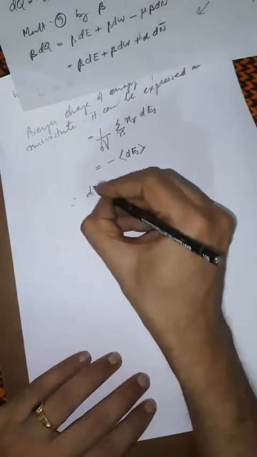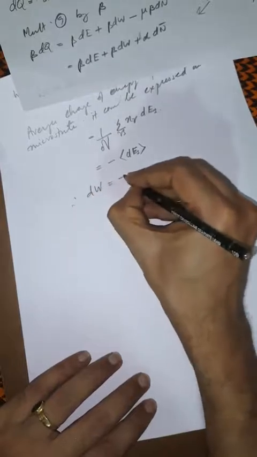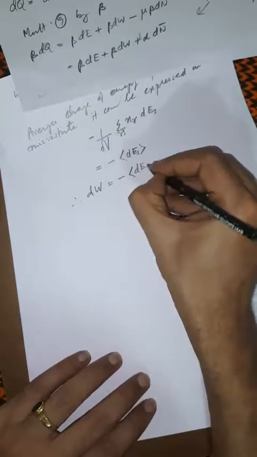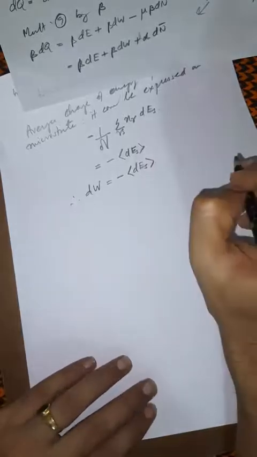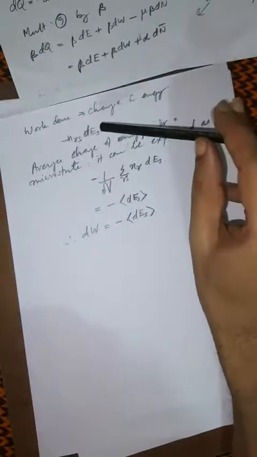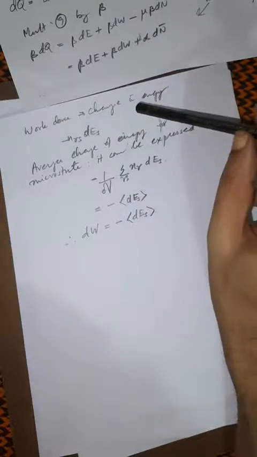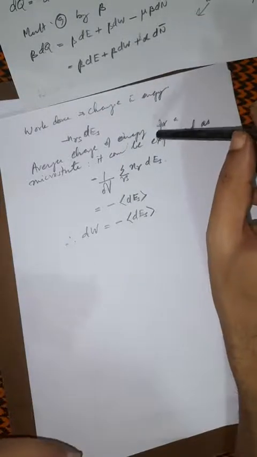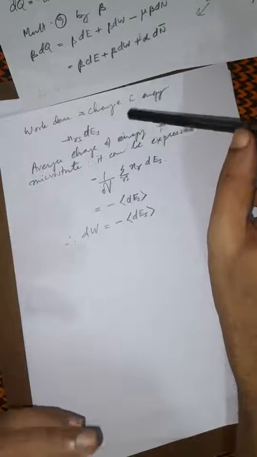Therefore, dW is equal to minus dEs. So you understood why we are putting the negative there, right? Because the work done is actually reducing the energy, or it is spending the energy.